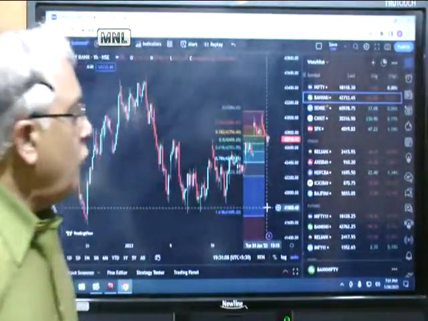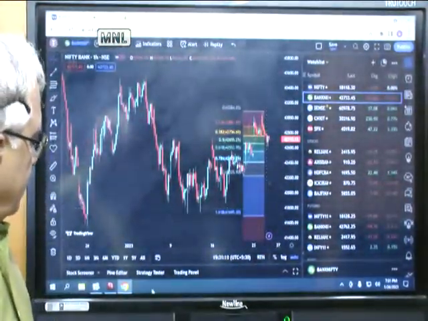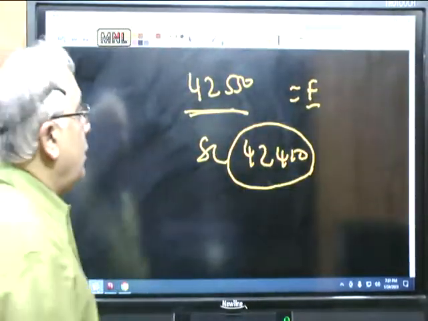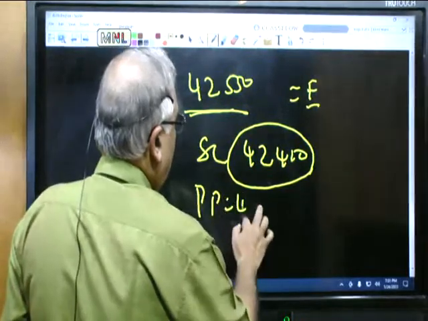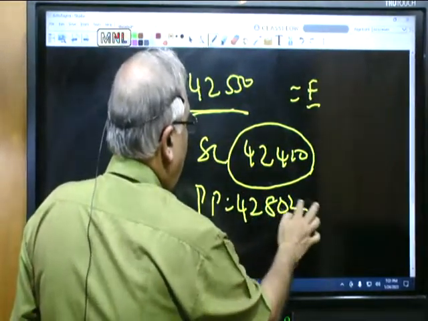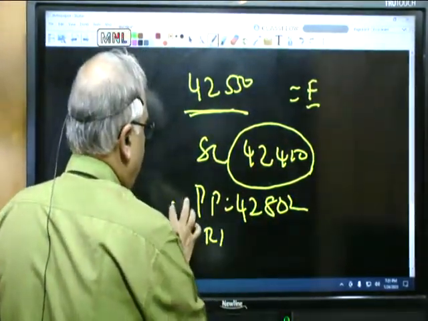So the PP is 42,802. This has closed below the pivot. So let us look at R1 and S1 for this.